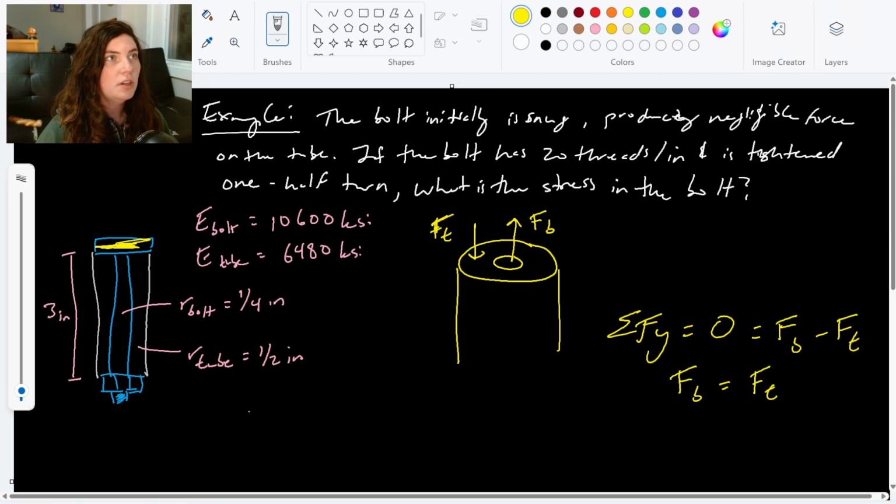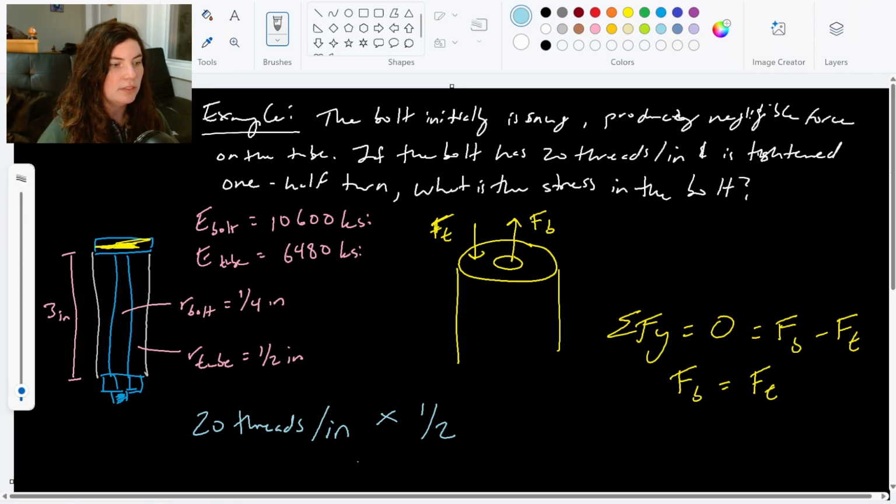So if we take these 20 threads per inch, and we multiply by 1/2 turn, so it's moving through 1/2 of a thread, 1/2 thread, and then we have 20 threads per inch. That's going to give us 0.025 inches.